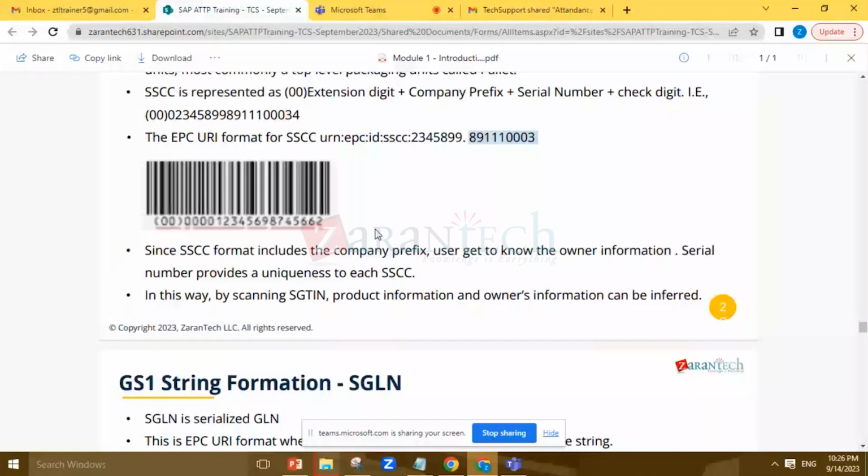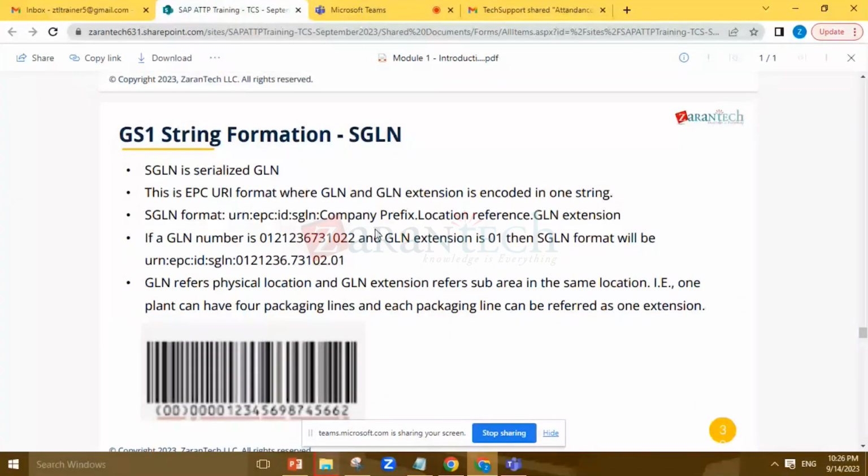Now, similar to the serialized GTIN, GLN will also have a serialized GLN, but here it is for the plant and warehouse code, so it will be a little different. Let's understand this kind of thing where you have one plant.